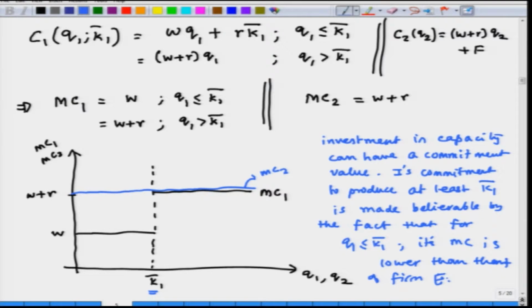So, the fact that the incumbent is investing in capacity, and that it is committed to investing in this amount of capacity K1 bar, is made believable by the fact that for all these outputs Q1 which are less than K1 bar, its marginal cost is W, which is lower than W plus R. That is a very important takeaway from this graph. Okay, so let us move on.